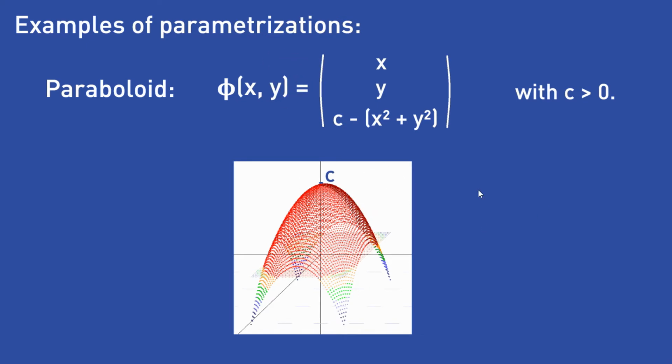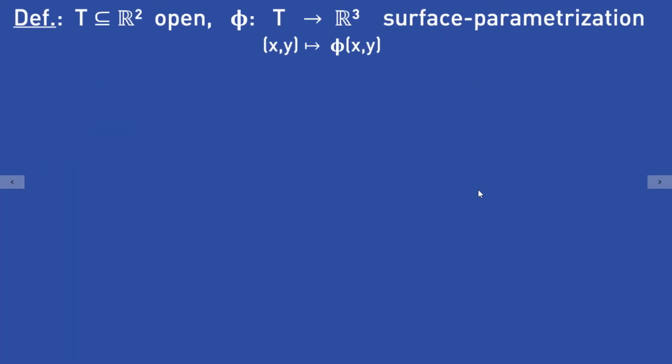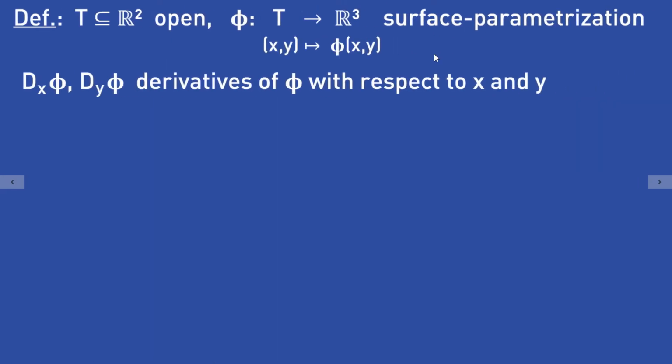Now we are ready to define surface integrals. Let T be an open subset of R2. Let phi be some surface parametrization, so a function from the subset T to the space R3 that looks like that here. dx phi denotes the derivative of phi with respect to x, and dy phi denotes the derivative of phi with respect to y.